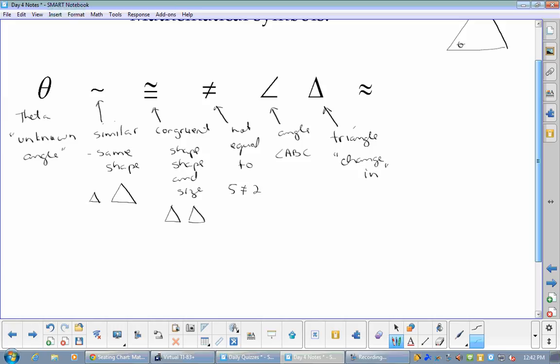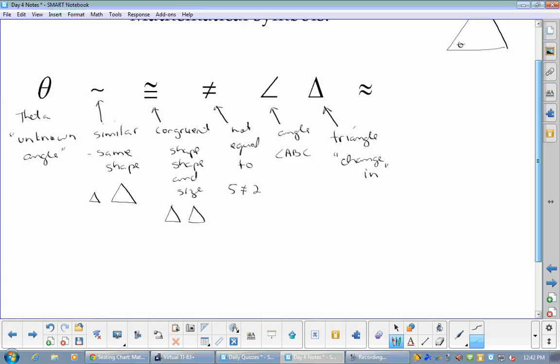So you may see delta T. Delta T means change in time. Delta M would be the change in mass. But for us, with triangle ABC, instead of writing triangle, we would just draw a little triangle.